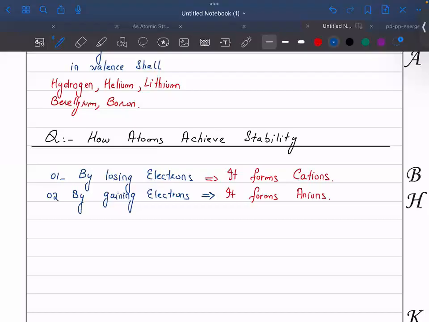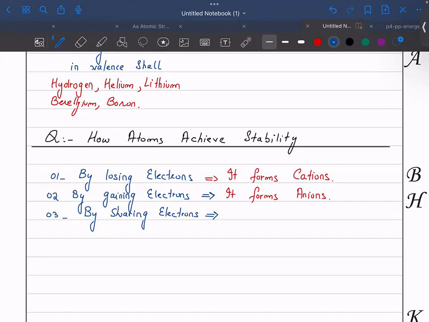There is another method by which some non-metals can achieve stability, by sharing electrons. Atoms of different elements or even same elements can share their electrons with each other to achieve stability. During sharing of electrons, they form a certain type of bond which is known as covalent bond.